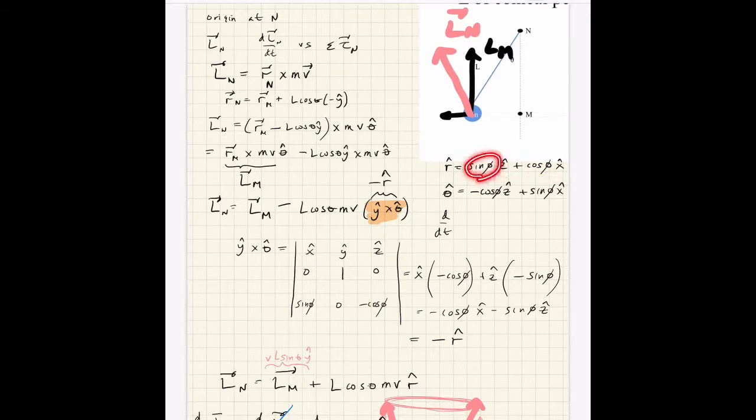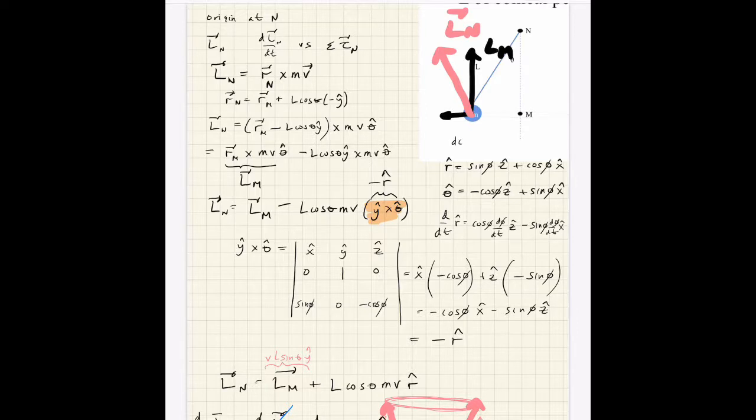So derivative of sine phi will be cosine phi times d phi dt, so on and so forth. So d dt of r hat will be cosine of phi d phi dt z hat. Derivative of cosine of phi will be minus sine of phi d phi dt x hat.